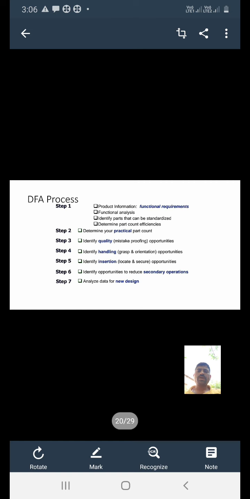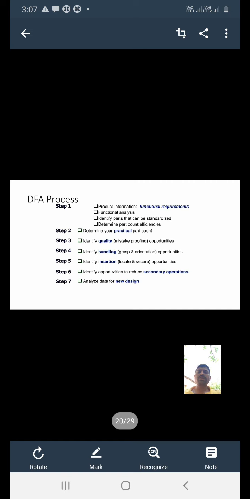Step 2, determine your practical part count, means practically how many parts are given, you should determine that. Then after that, identify the quality, means you have to check if there is any mistake, and proving opportunity is there. Identify the quality means you should check the size, whether this part is fitted or not.